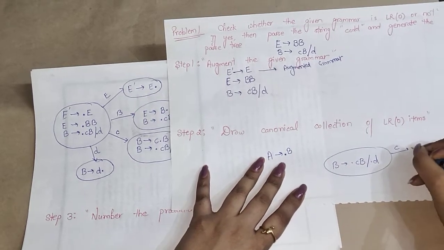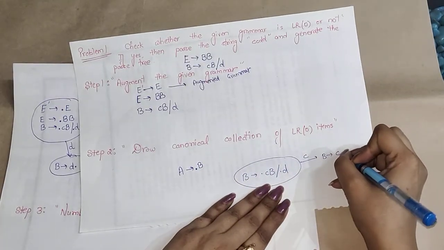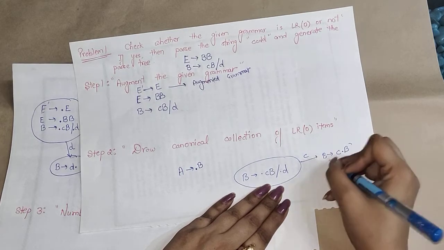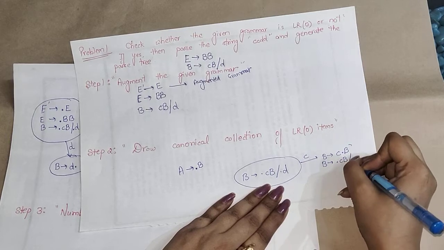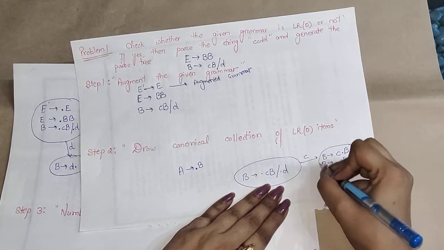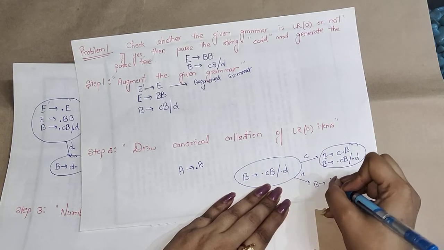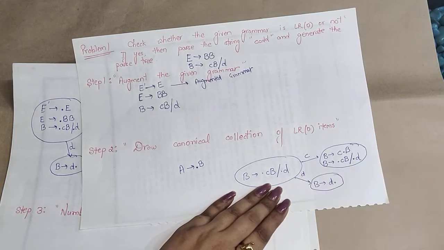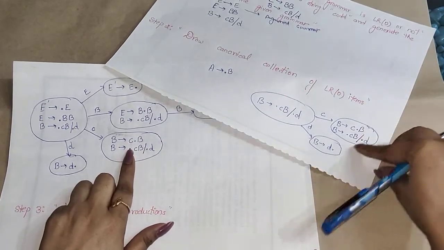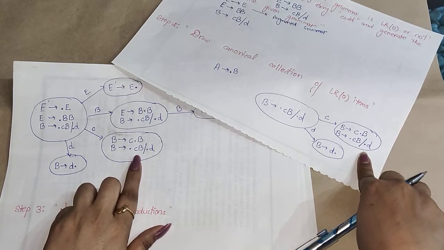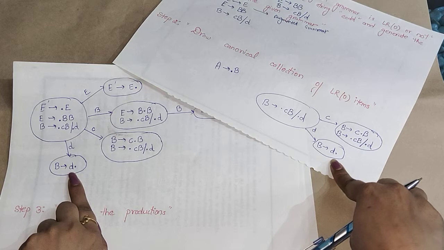On C we will get B2 C dot B, and again for B, B2 dot CB oblique dot D, and on D we will get B2 D dot. Yes or no? Yes. But if you look here, these B2 C dot B and B2 dot CB oblique dot D and B2 D dot, we already have these LR0 items present.